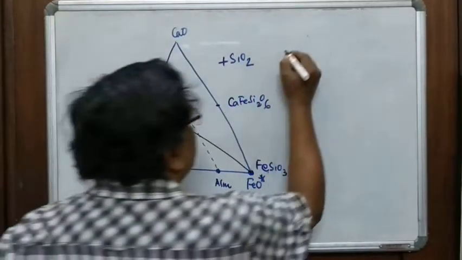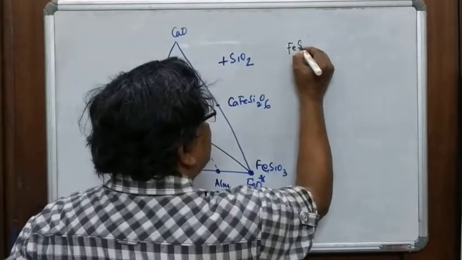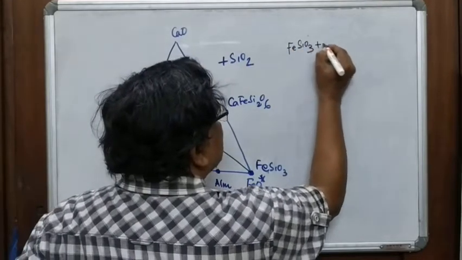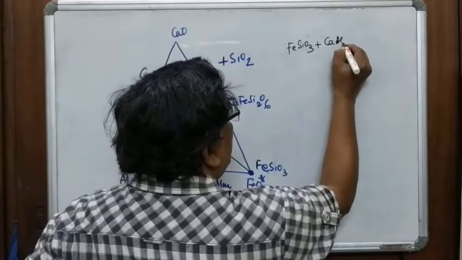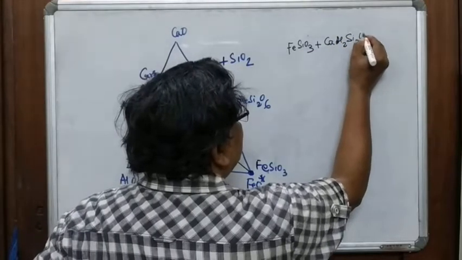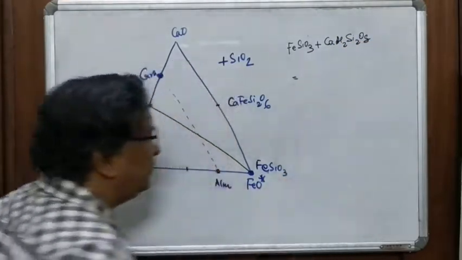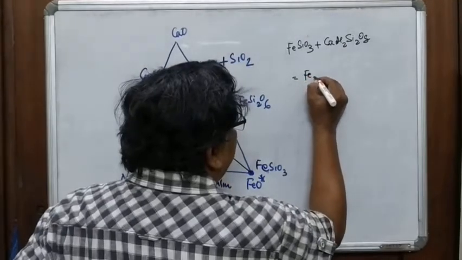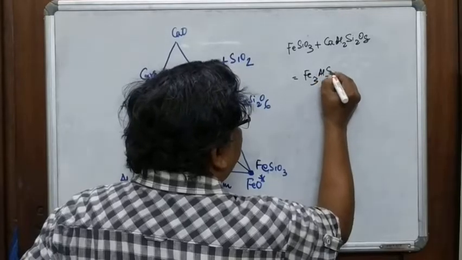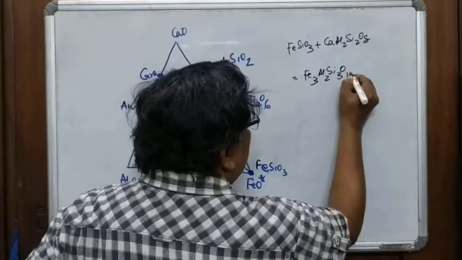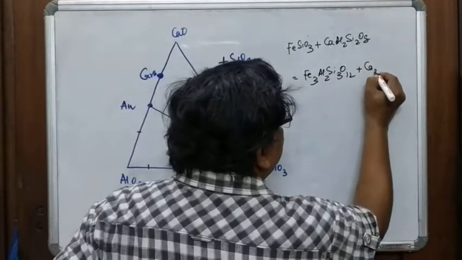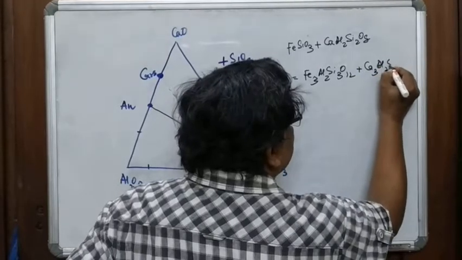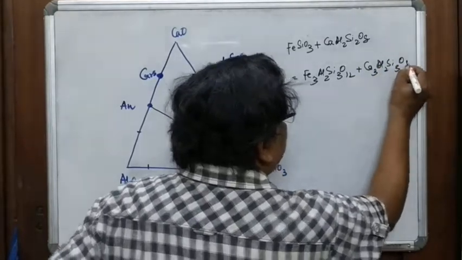So I can write a reaction: FeSiO3 plus CaAl2Si2O8, and this should give you a garnet. So that should be Fe3Al2Si3O12 plus Ca3Al2Si3O12.